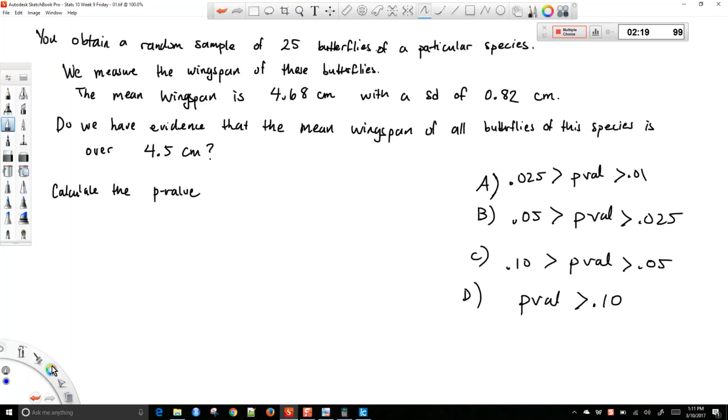You can change your answer as I give you the answer. Okay, so what we're going to do is calculate the p-value. It was kind of funny when I said, can we do this? And you guys all said, no.